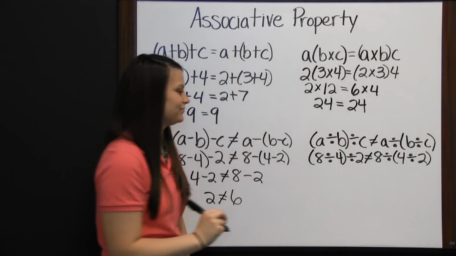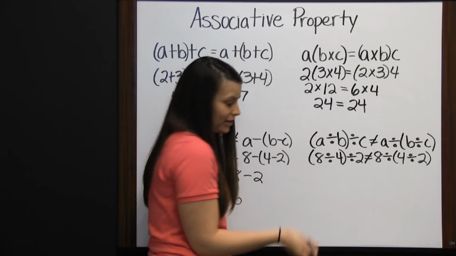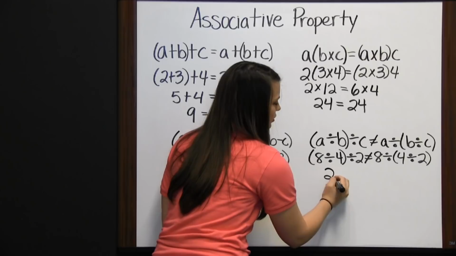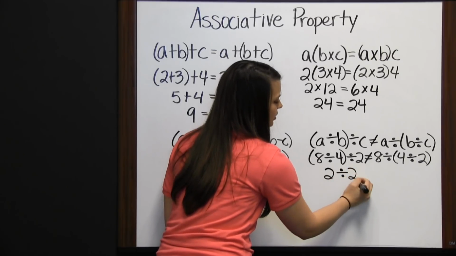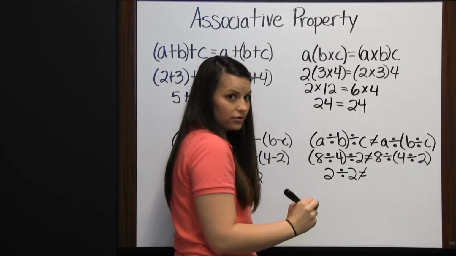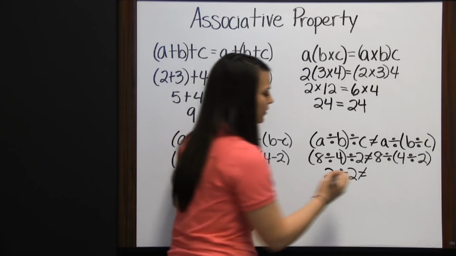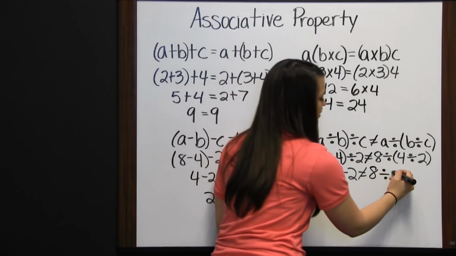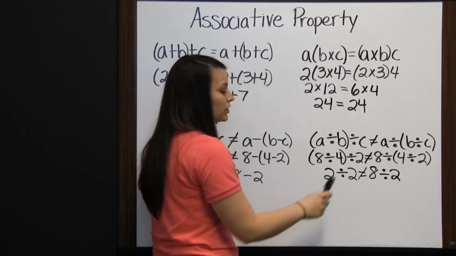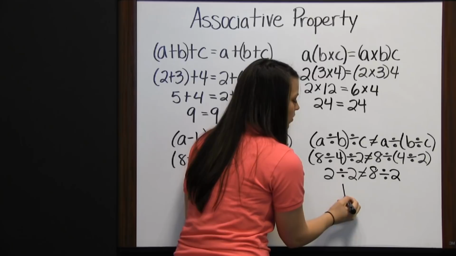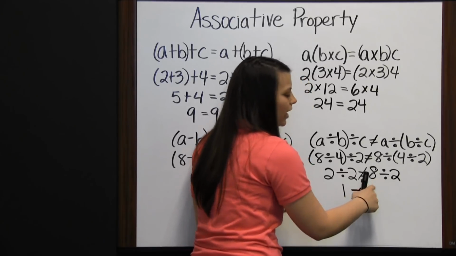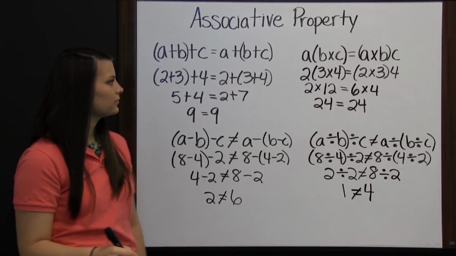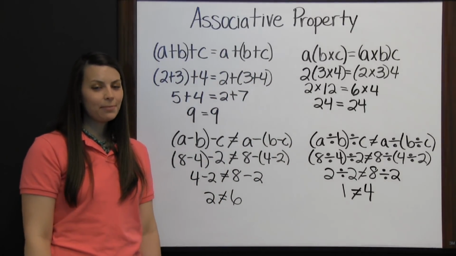Let's simplify. Order of operations, 8 divided by 4 must be done first, which is 2, and 2 divided by 2 is 1. That does not equal 8 divided by 2, which is 4. And that's the associative property.